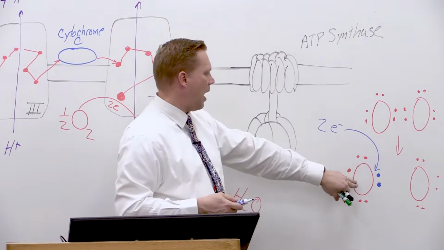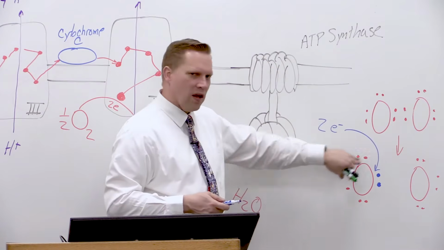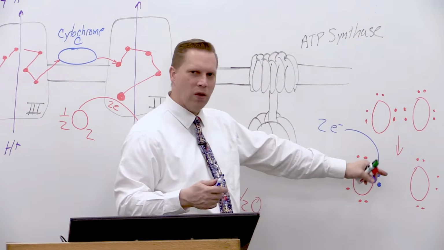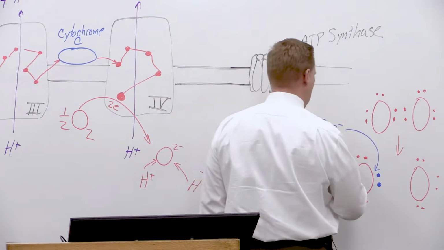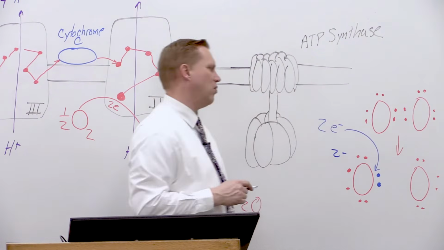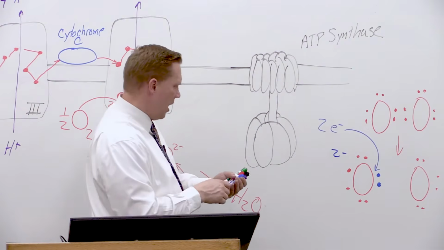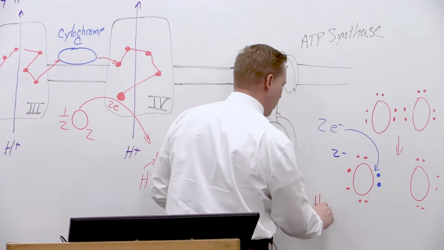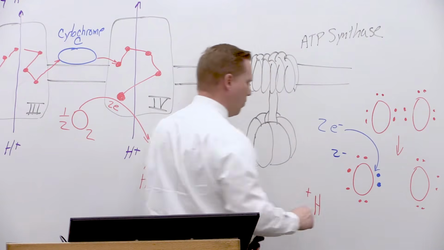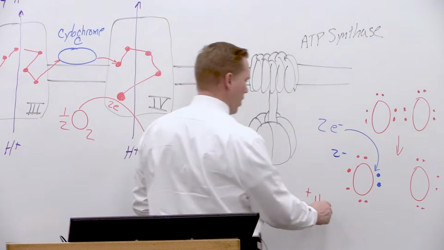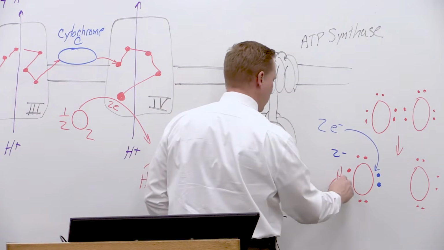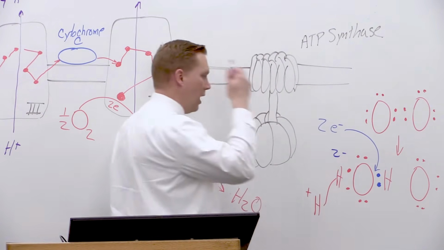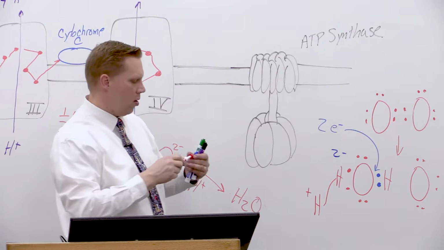But with the 6 electrons in the outer shell, it was neutral, it had no charge. And then when you add these 2 electrons, that's how it gets its -2 charge. And then we're going to just bring along a couple of hydrogens. Remember, these are ions, hydrogen plus, and so they don't have any electrons. So they are just going to hop on. Another one hops over here, and that's how we get water.